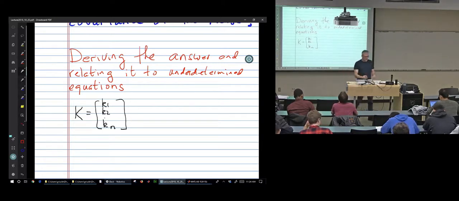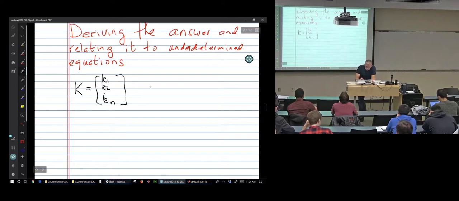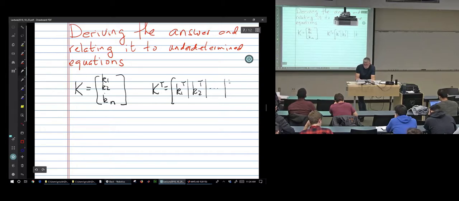So that's what K looks like. Okay. So then what does K transpose look like? Well, it's the first row transposed, second row transposed, nth row transposed.